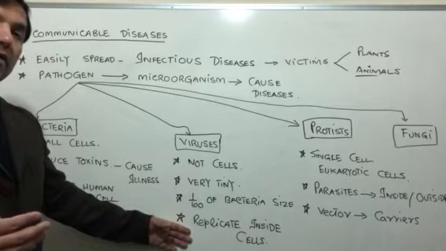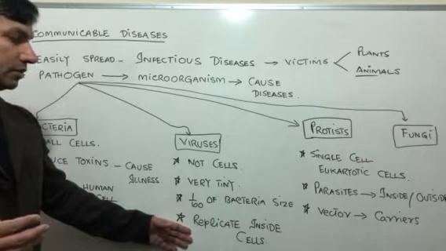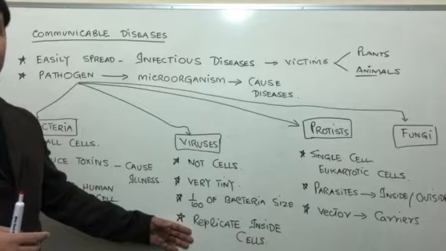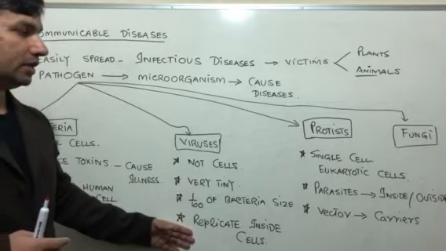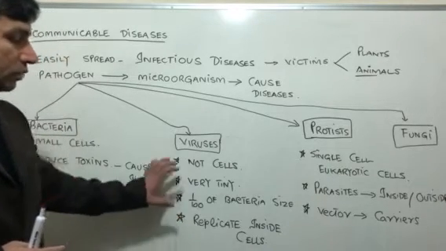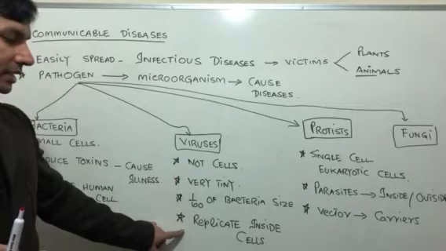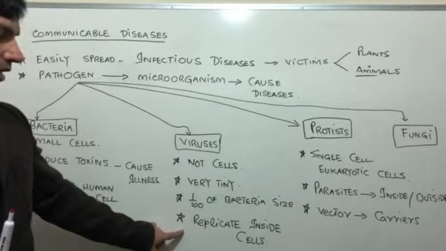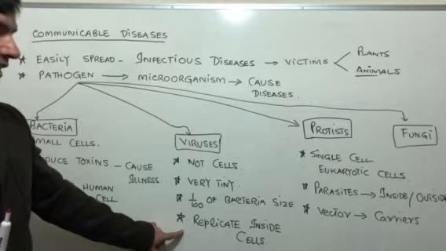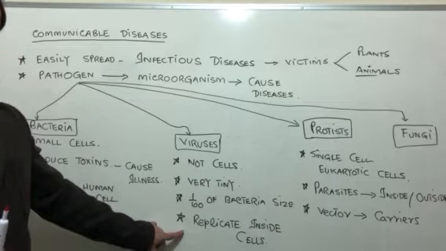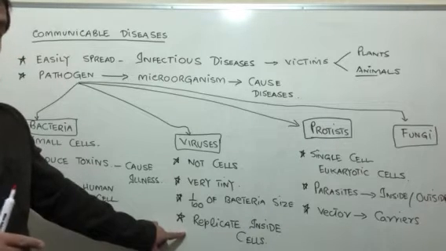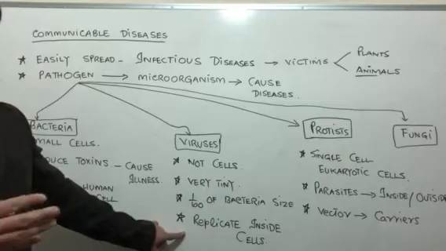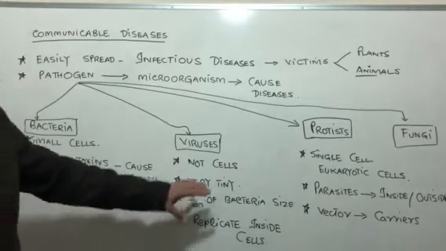The damage to cells and tissues causes illness inside the living organism. So they replicate inside the cells, and when the cell bursts it gets damaged, and this damage leads to the illness of the living organism.